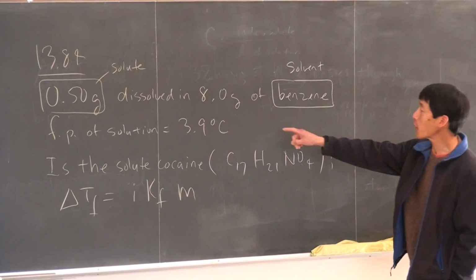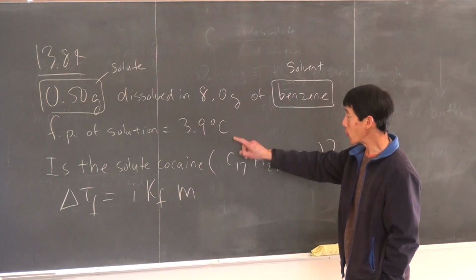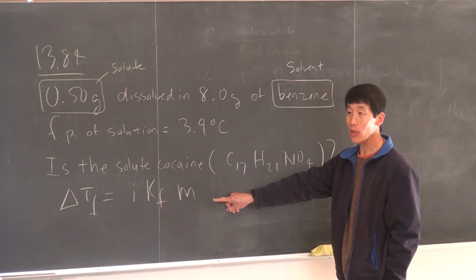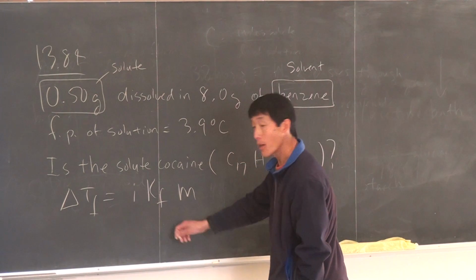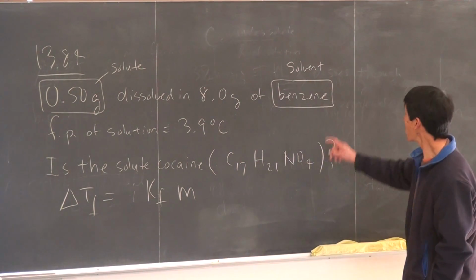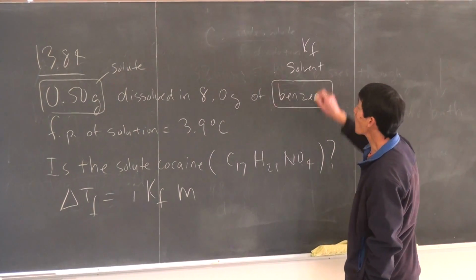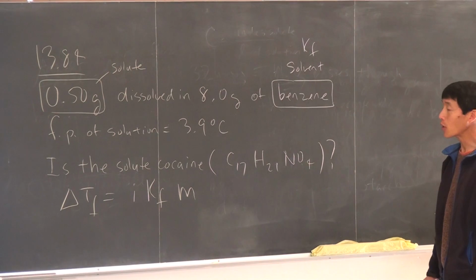Now you're given the freezing point of the solution. What else do you need to know about the variables in this equation? Do we know what KF is for benzene? This is our solvent, so we can look up KF in table 13.2 in the textbook. What else do we need to know?